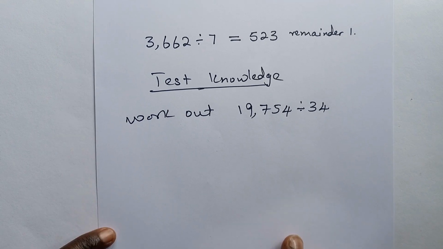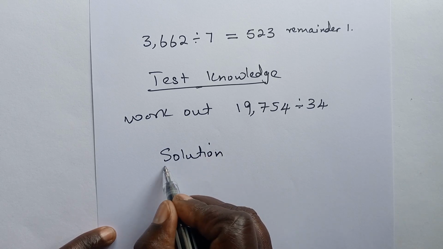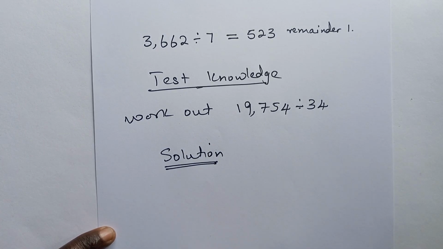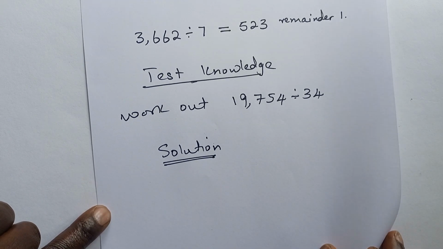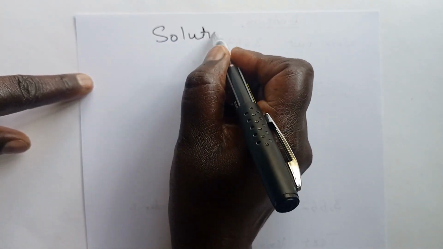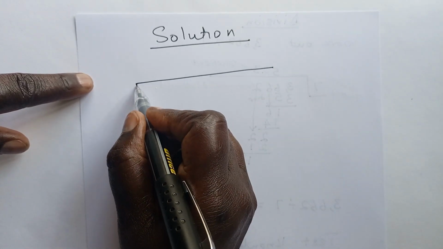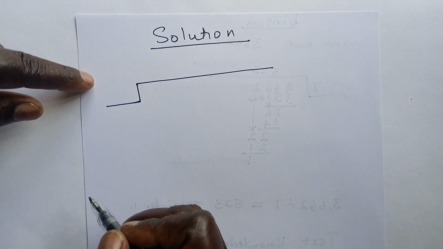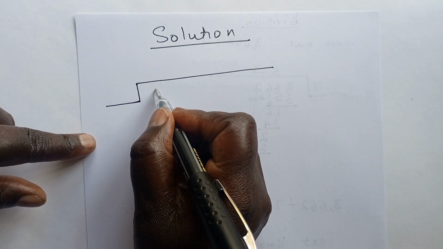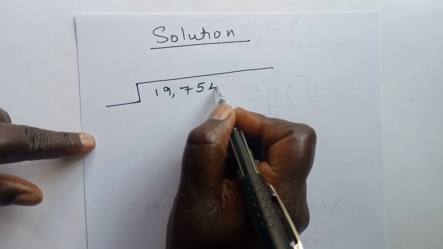Now the solution. We proceed as we began with the first one. We have this bar. We have the dividend 19,754.